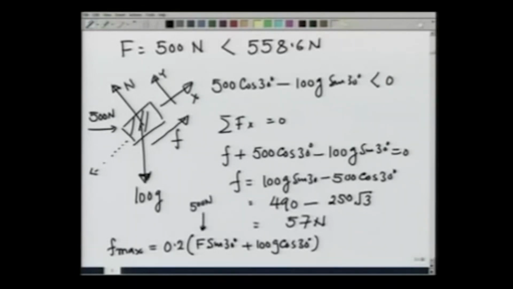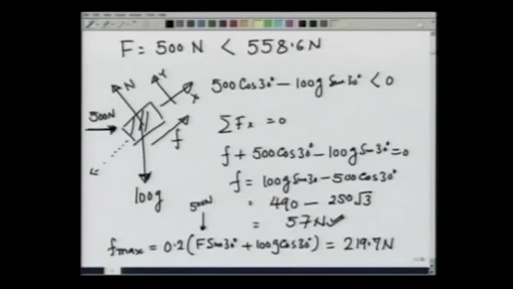You calculate this number and it comes out to be 219.7 newtons. So, again I see that the maximum possible friction that can be generated when I apply a force of 500 newtons in this direction is 219 newtons, and it is much greater than the 57 newton force that I require to keep the block in equilibrium, and therefore, the block will remain in equilibrium.